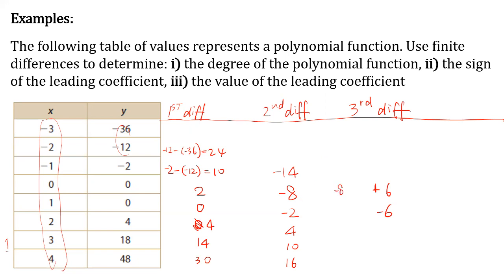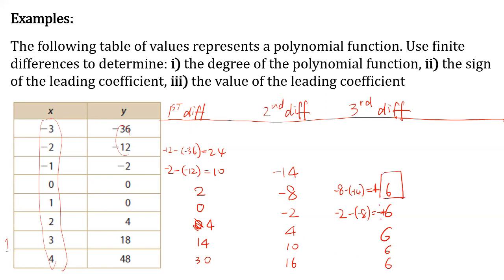Because 14 minus 8 equals positive 6. And 8 minus 2 is positive 6. Sorry about that. And 4 minus 2 is also positive 2... 4 minus 2 is positive 6 in the sequence, 10 minus 4 is also positive 6, 16 minus 10 is also positive 6, right?